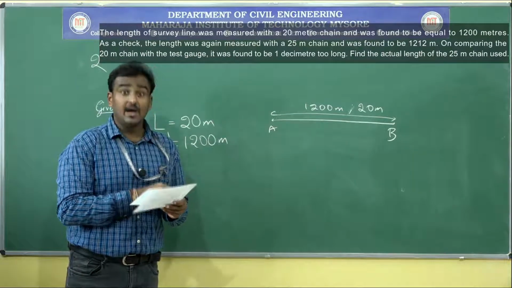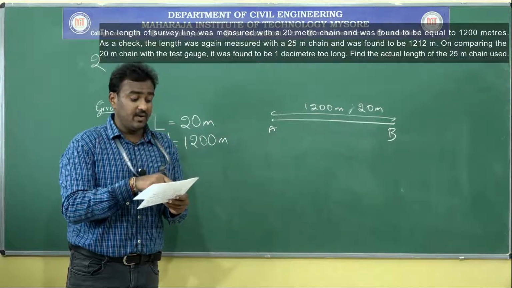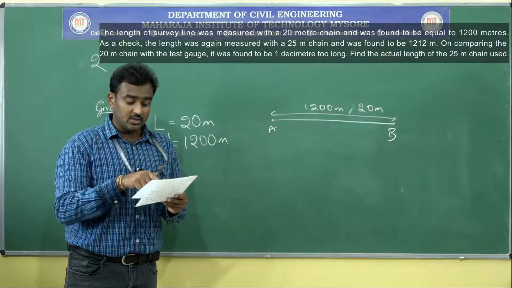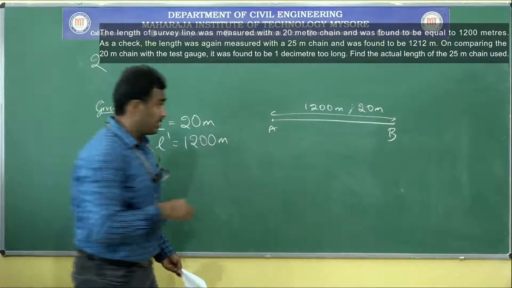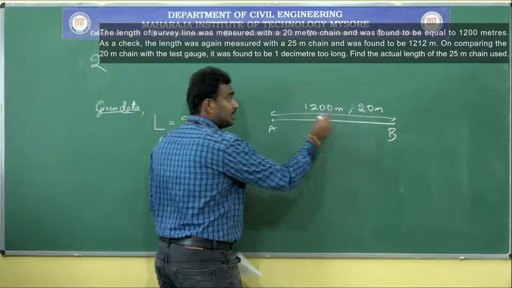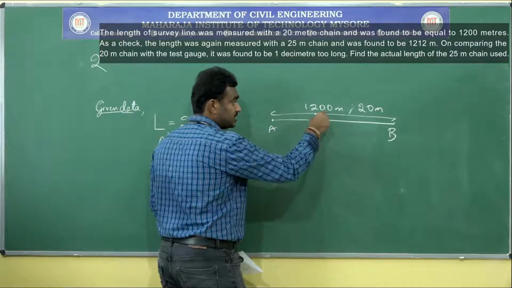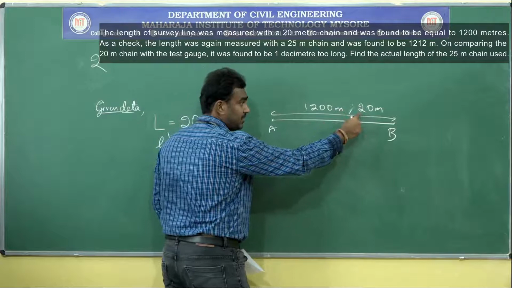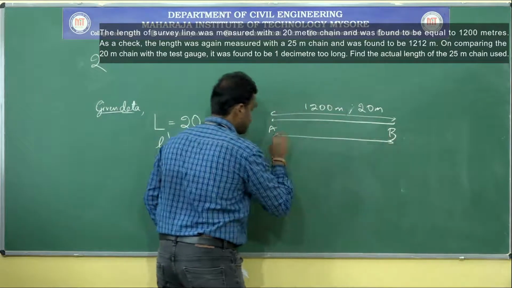As a check, the length was again measured with a 25 meter chain and was found to be 1212 meter. The same survey line, as a check to see whether the distance measured using 20 meter is correct or not, they measured with a 25 meter chain length.